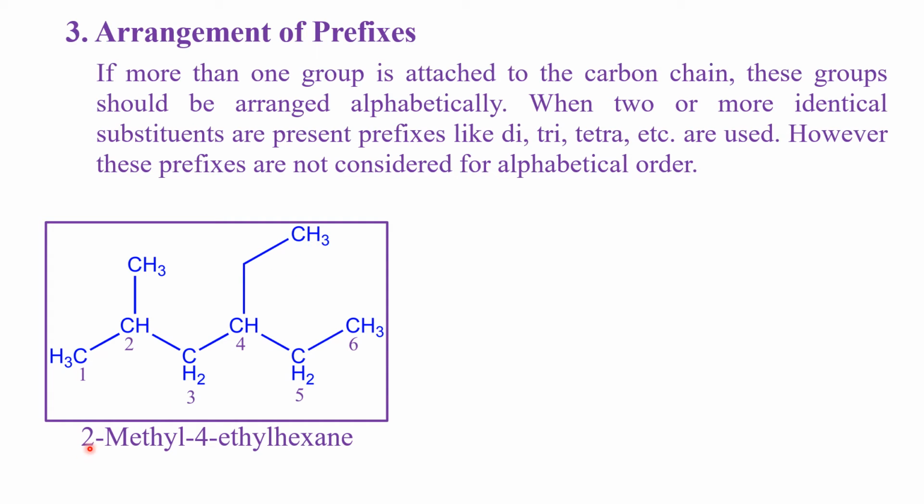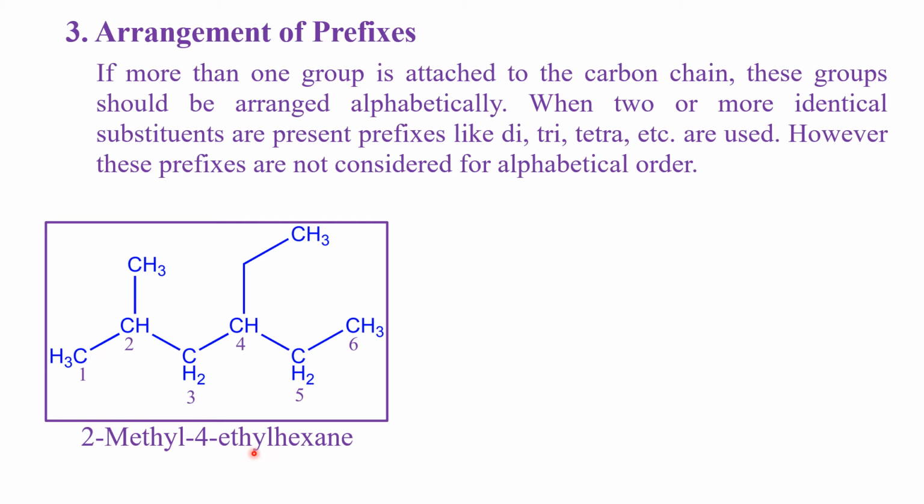Here they have written as per the substituent position. They started with a 2 followed by a 4, so the name became 2-methyl 4-ethyl hexane, which is wrong as per the arrangement of prefix rules, which need to be arranged as per the alphabet.